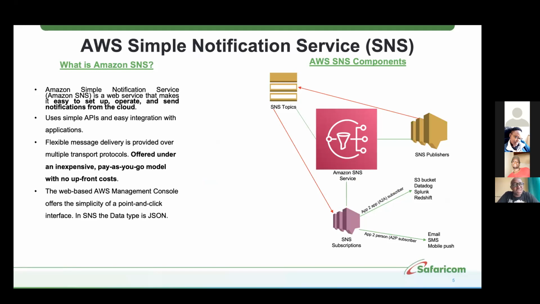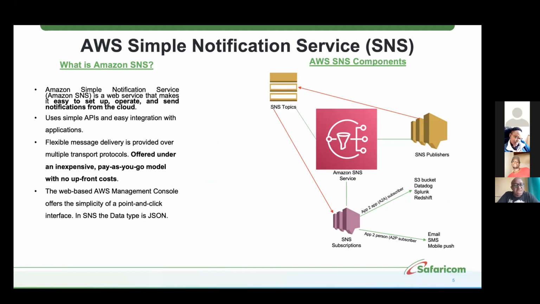So just to automate that, when it reaches that and the alarm goes off on CloudWatch, then automatically a publisher, maybe the CloudWatch alarm, will publish to the topics, and then the topics will push to the subscriptions.